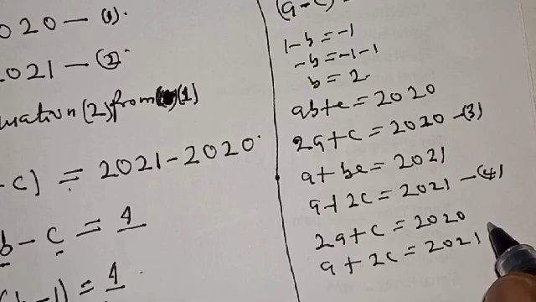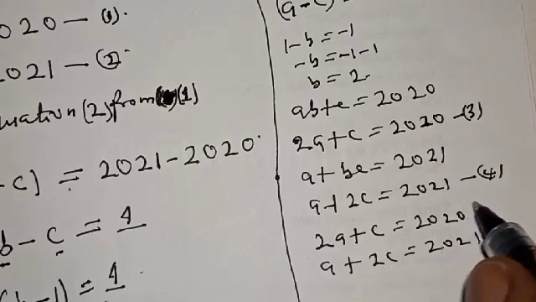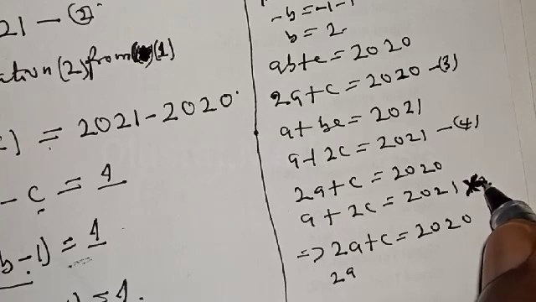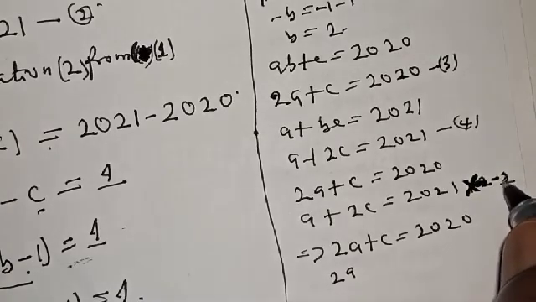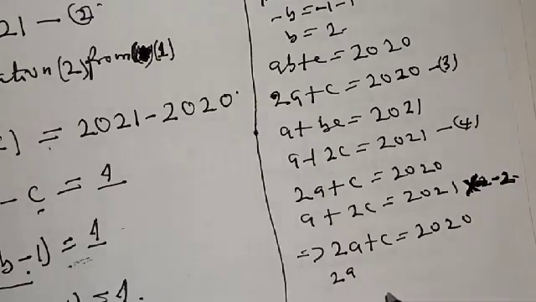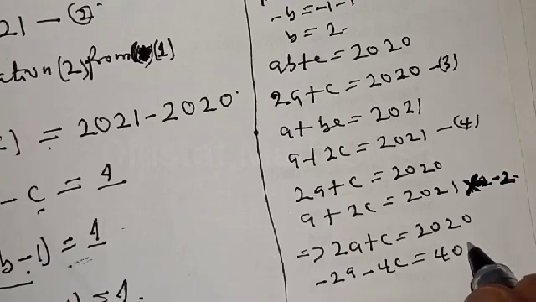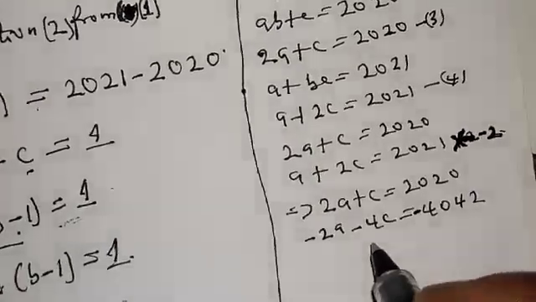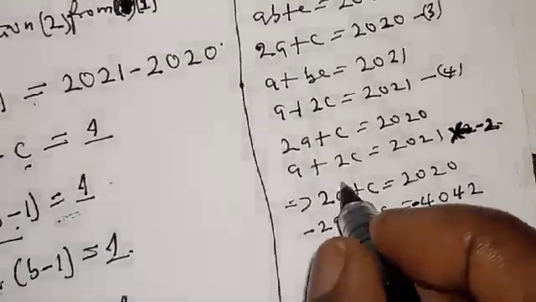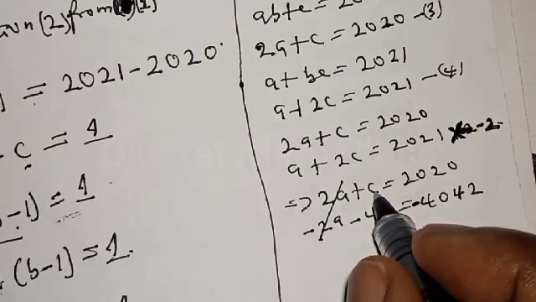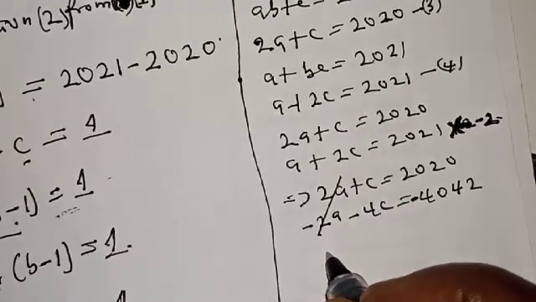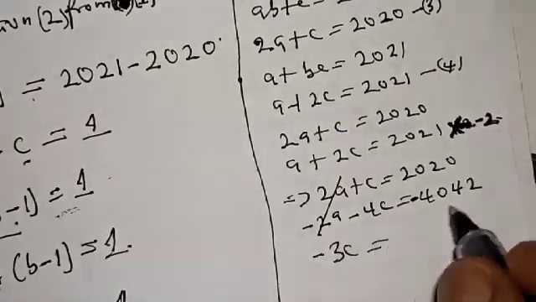Then this is simultaneous equation. Let's use elimination method. Let's multiply this by minus 2. So we have minus 2A minus 4C equal to minus 4042. Then using elimination method, this one will go. We have C minus 4C, we have minus 3C.